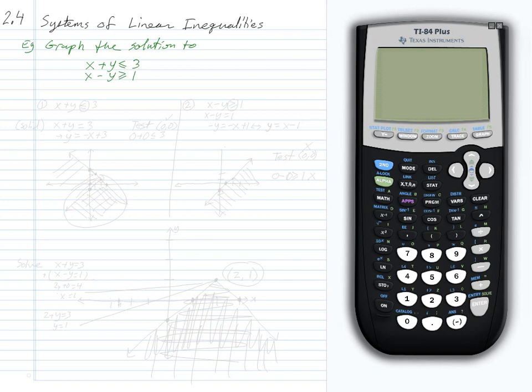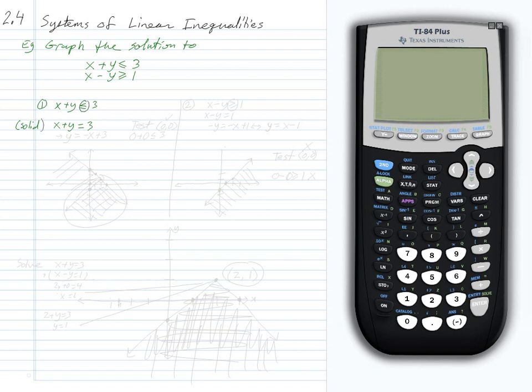So the way that I like to handle these is to graph the solution to each inequality separately. So my first inequality, x plus y less than or equal to 3, we're going to handle exactly the same way we did back in 2.3. We're going to graph x plus y equals 3, and it's going to be solid because of the nature of that inequality.